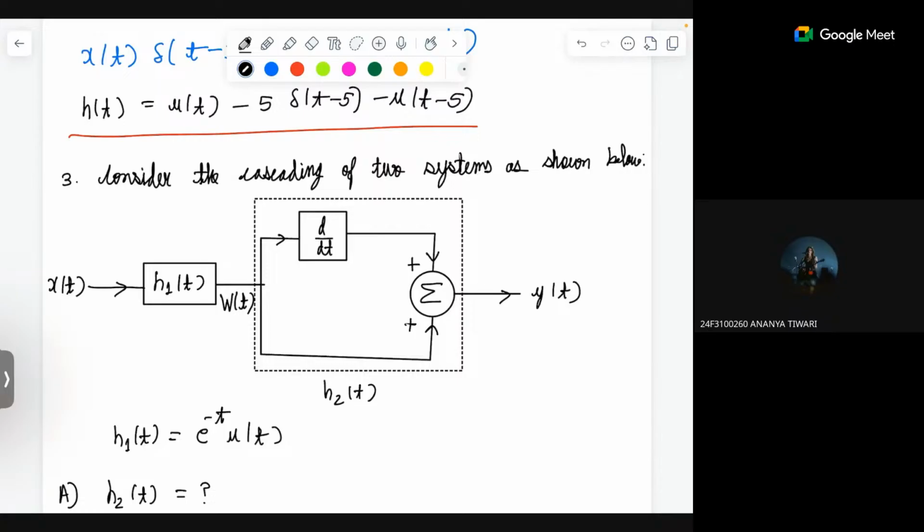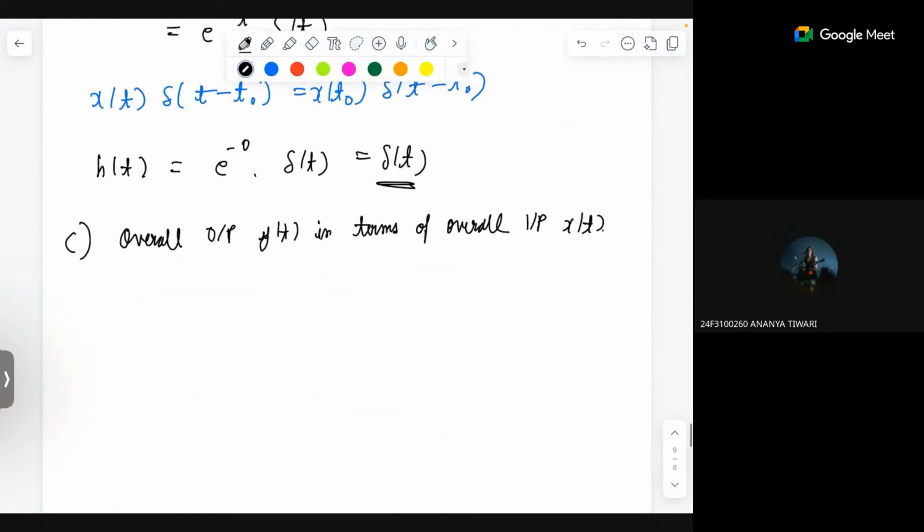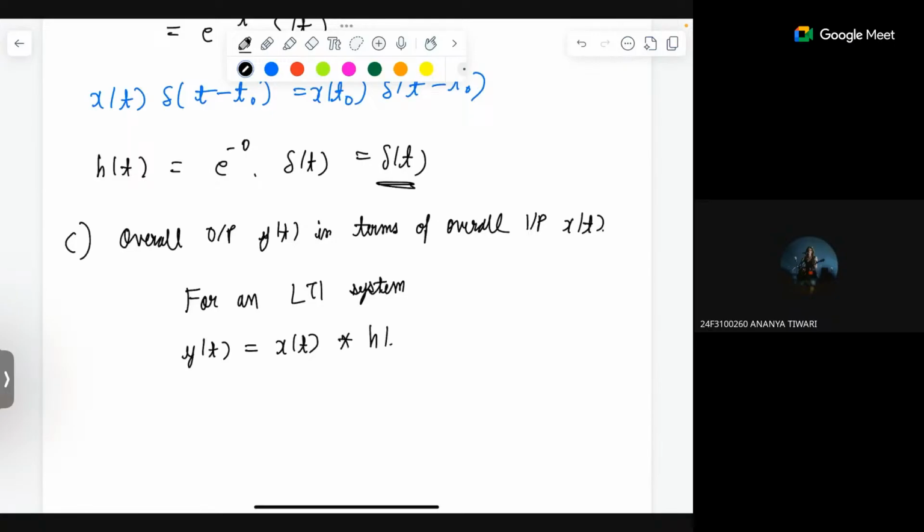Okay, I will solve it. I'll show you. When we have an LTI system, can we say that the output yt is equal to the input xt convolved with the impulse response of the system? Is this true?